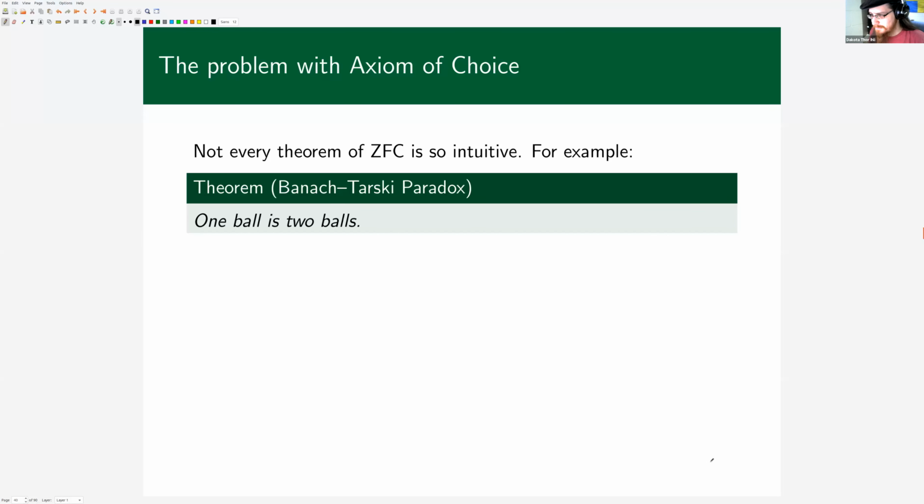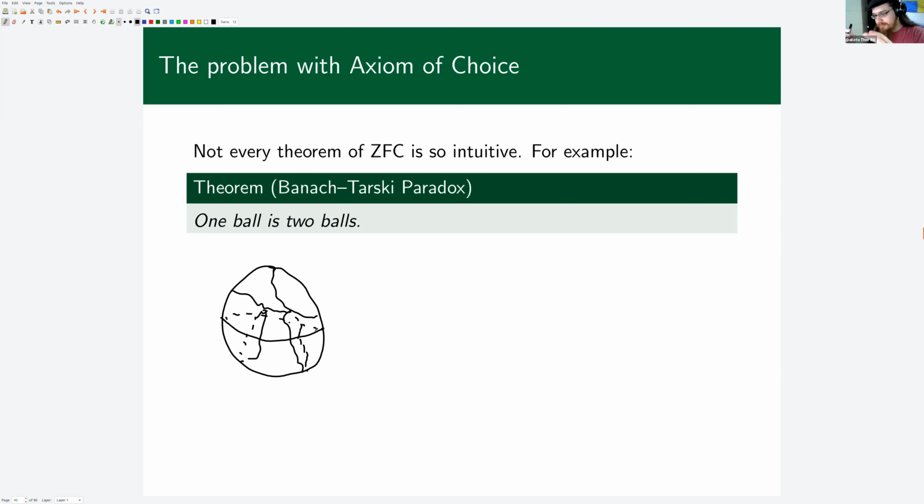What do I mean by this, if you've never seen this before? It has paradox in the name, but it is a theorem. It has a completely correct proof from ZFC as the axioms. It says that if you have, say, a unit ball in 3D space, there is some finite partition, so you can break it into finitely many pieces, and it's not even that many, I think it's like 5 or something.